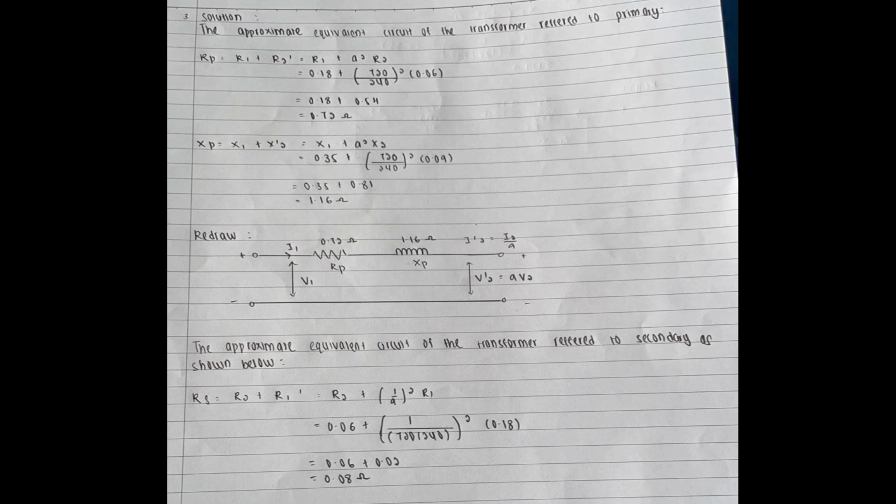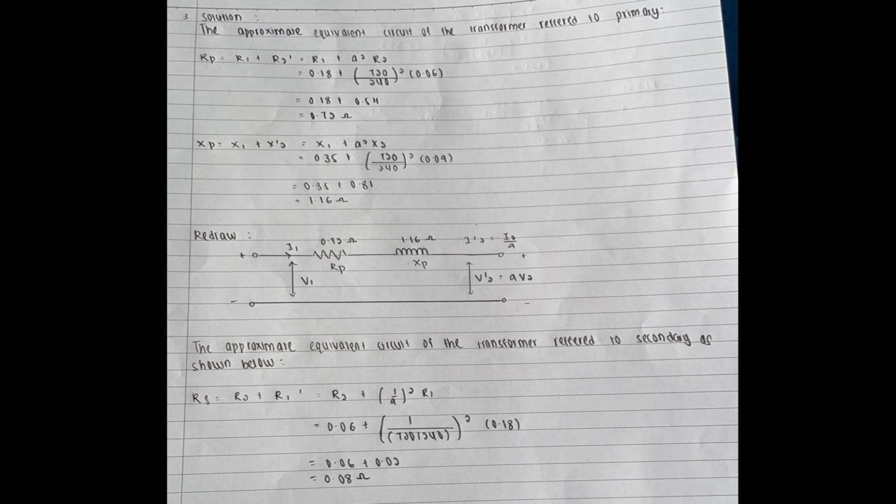So we find the Xp. The Xp is equal to X1 plus X2 prime. X1 is 0.35, and a squared is (720/240) squared, times 0.09. Then we will get 1.16 ohm. So we redraw the answer.